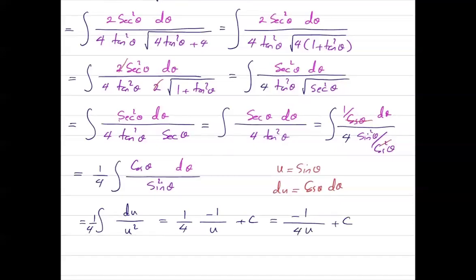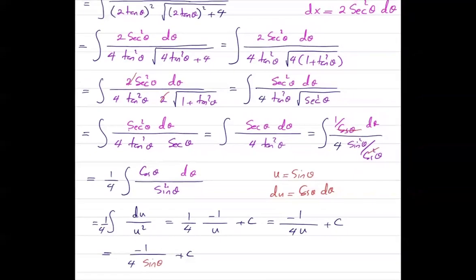But what is u? u is sine theta. There is no doubt here. This is negative 1 divided by 4 times sine theta plus constant of integration. But we are not done yet.